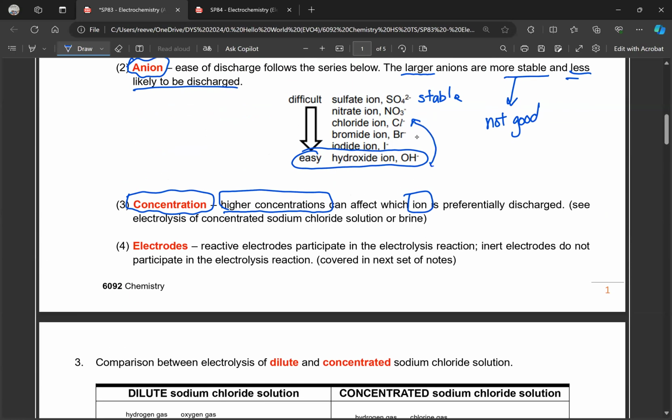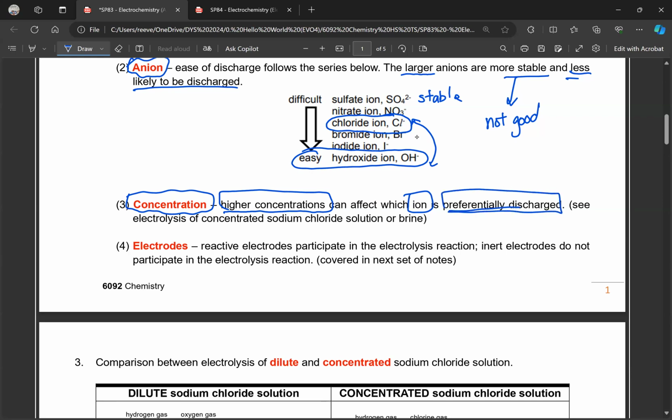I give you an example. If you compare Cl⁻ and OH⁻, based on the size, Cl⁻ is very hard to be discharged. However, if I have a lot of Cl⁻, then Cl⁻ will be the one that is preferentially discharged.